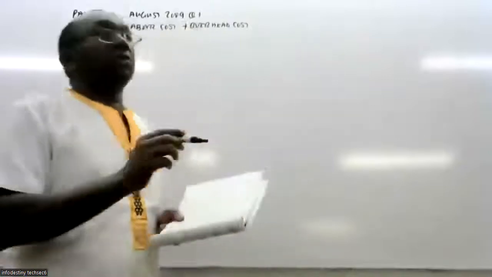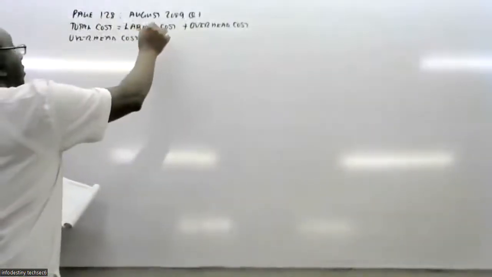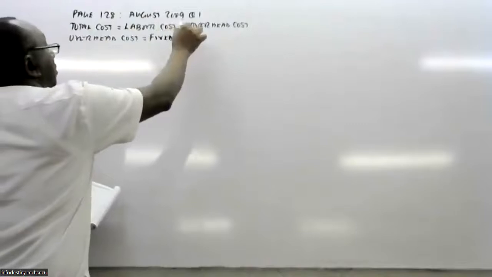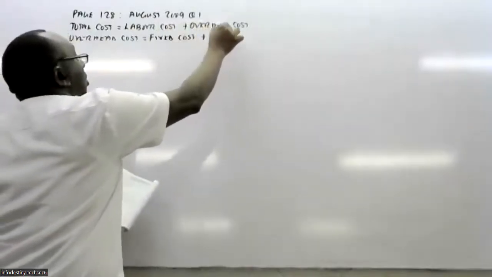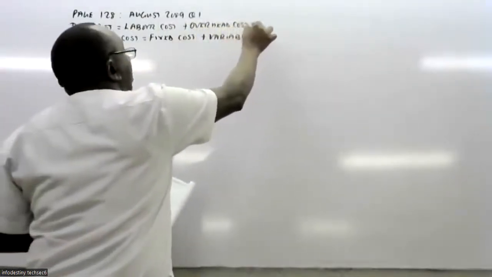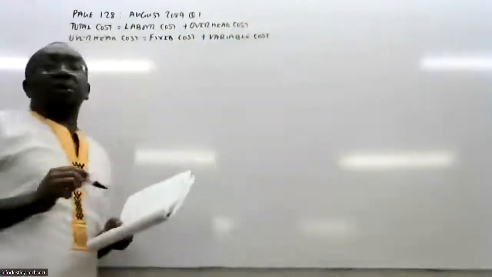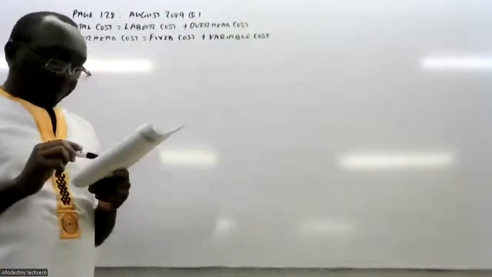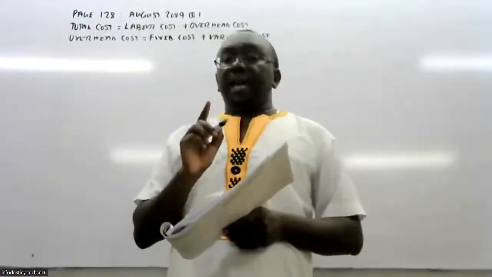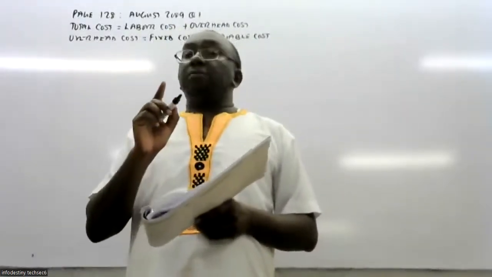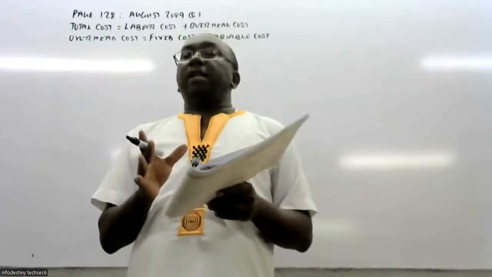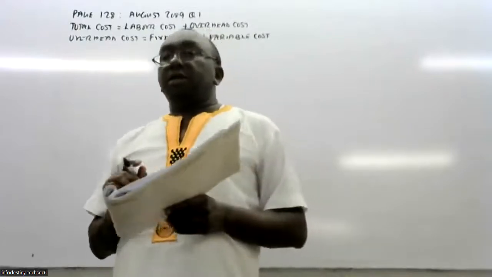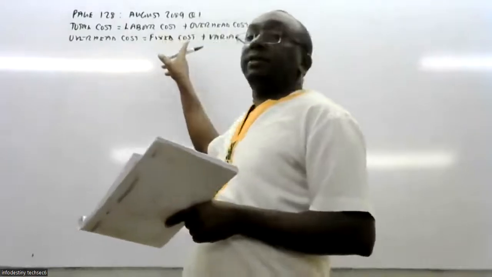It therefore tells you that we are going to have the fixed costs plus the variable costs. That is also supported by the high low method information. Anytime you see high low method, it should tell you there is a mixed cost. It should be separated using the high low method so that you are able to know what is fixed and what is variable.